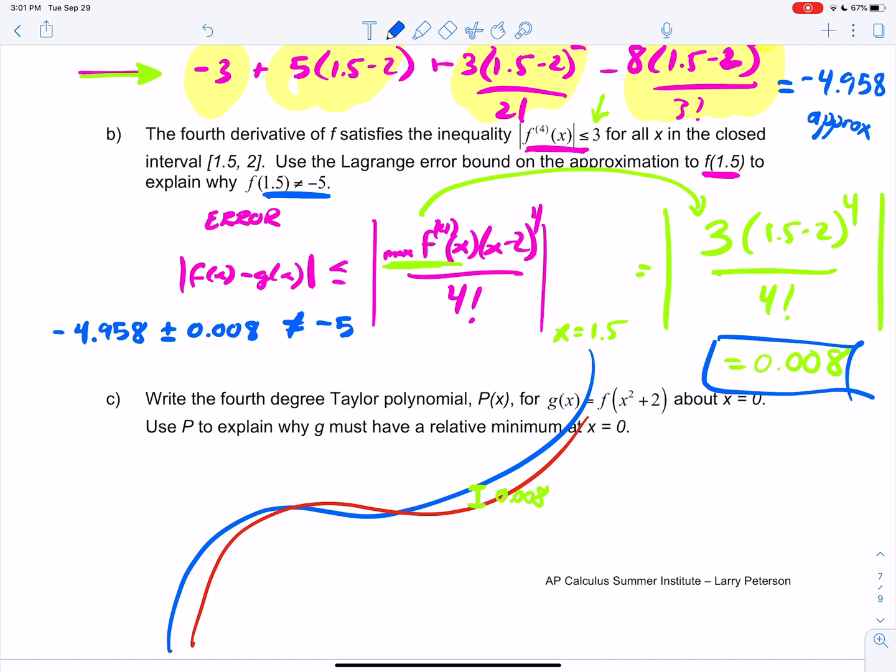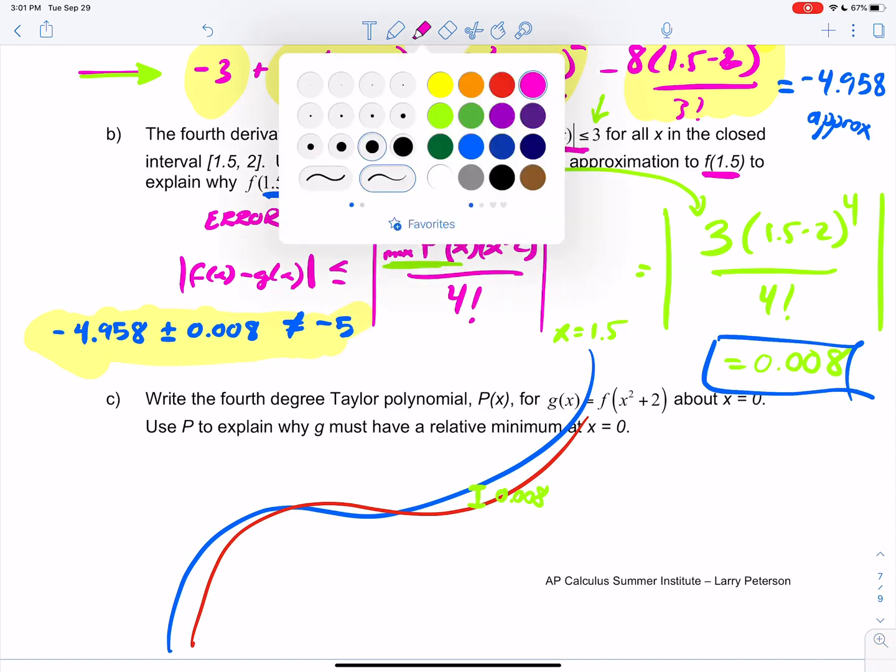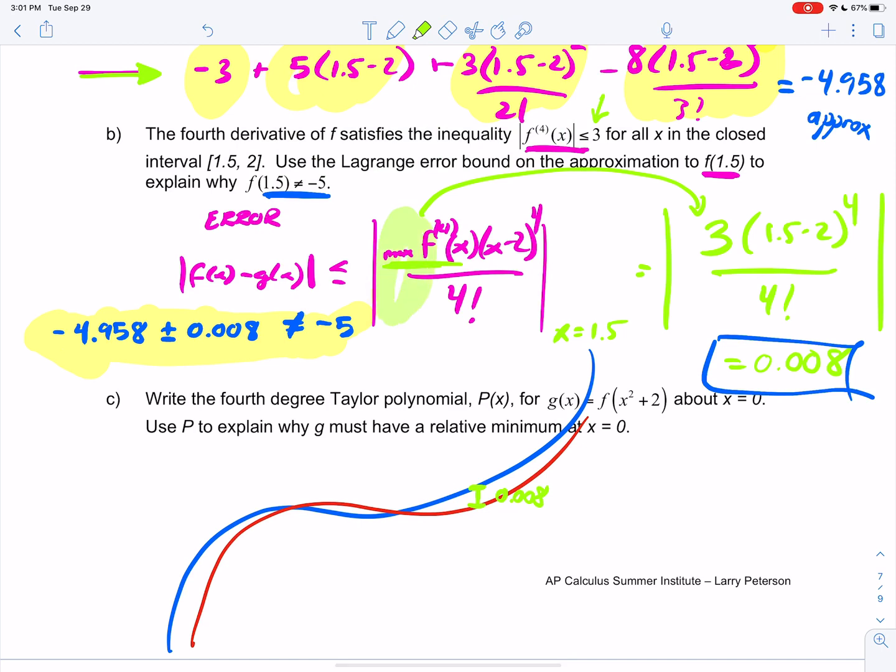Okay? The big takeaway, you guys, just so that you're not clouded by this right here, the big picture is this. The next unused term. So it's going to be the maximum of your next derivative with your next degree with your next factorial. Okay?